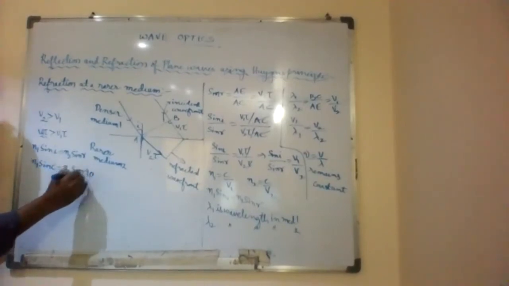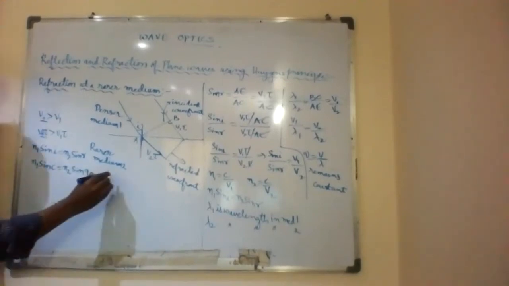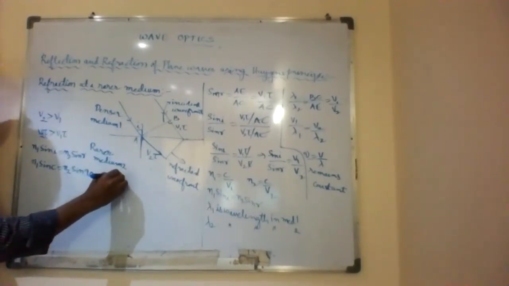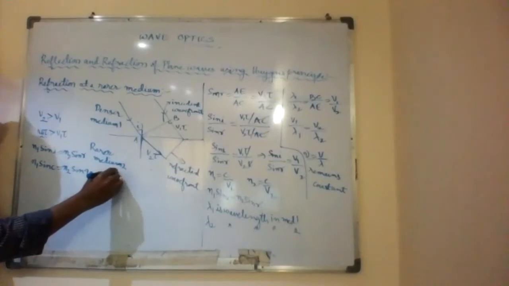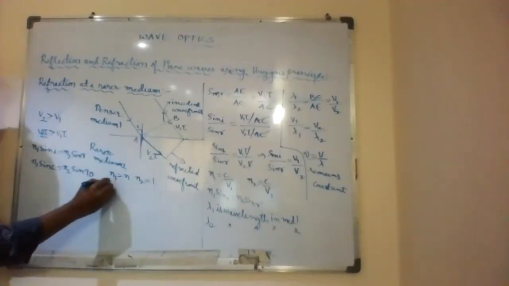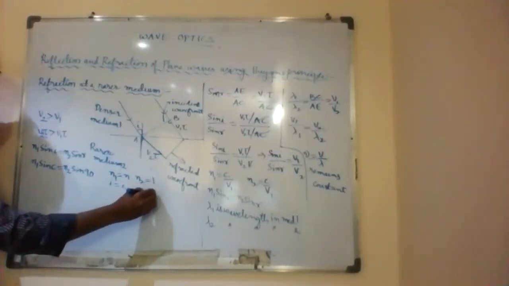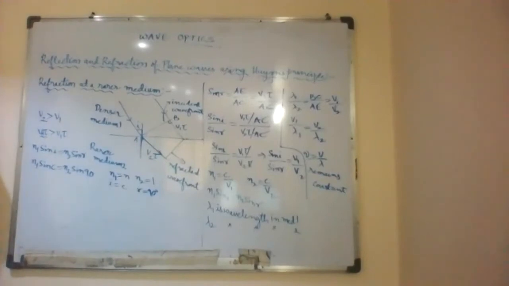Can I write like this? How can we write sin I as sin C? If the angle of incidence is equal to the critical angle, then what happens? The refracted ray grazes along the surface of the two media.